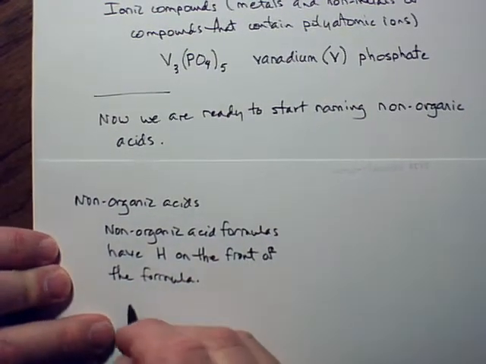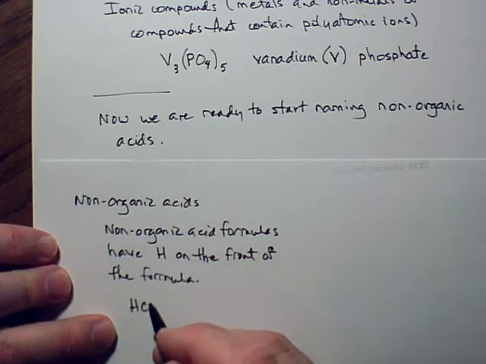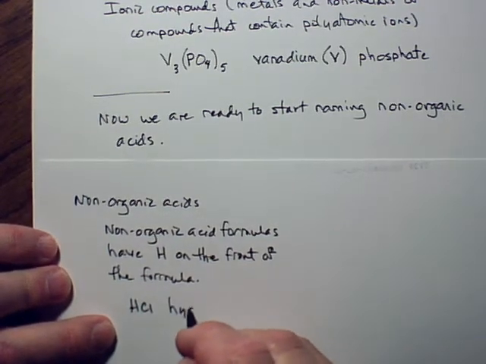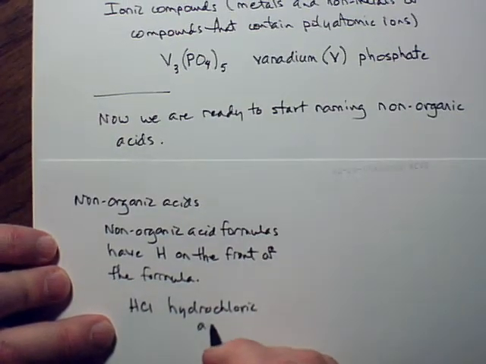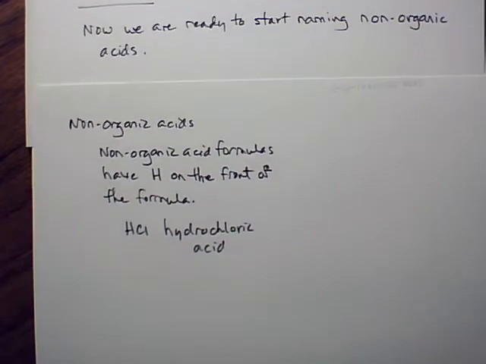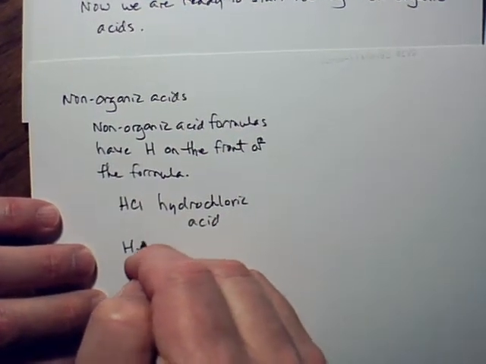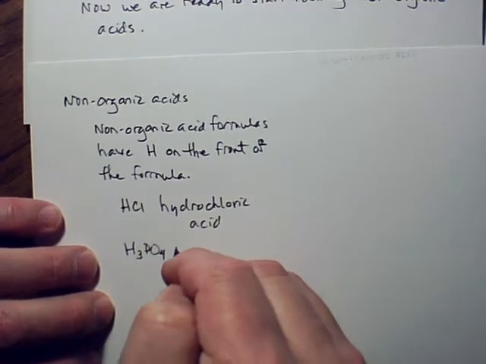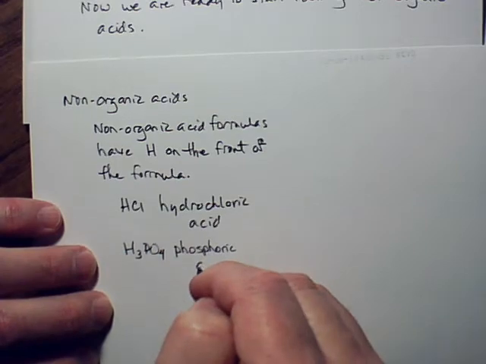So HCl can be hydrochloric acid. H3PO4 can be phosphoric acid.